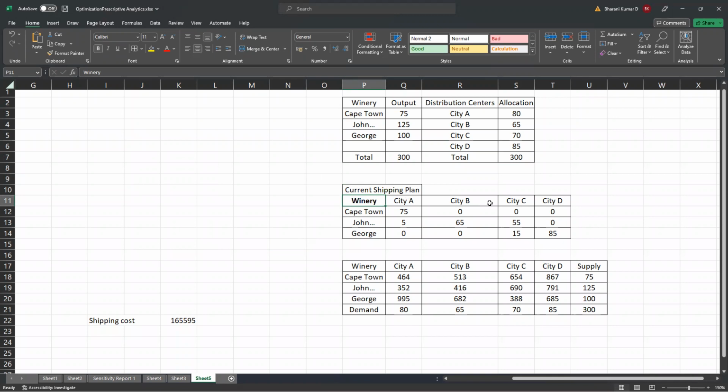These are the 4 cities that you have, and these are the shipping costs.